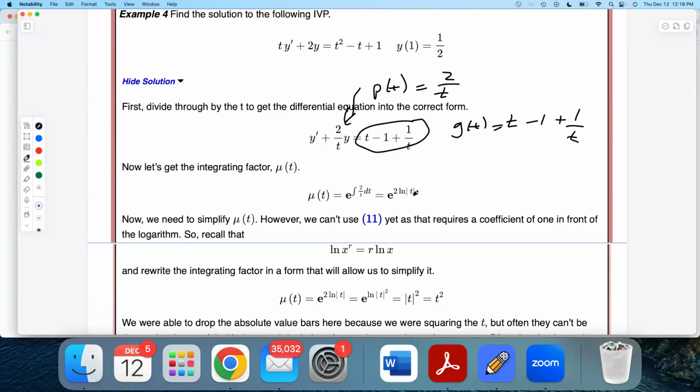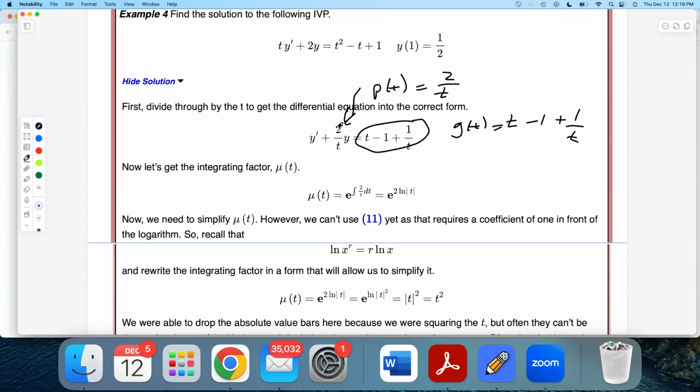Okay, now all the magic happens right here. This is the most important part. You're looking at this question and you think that that 2 is kind of inconsequential. What if I change that to a 4 or a 7? That wouldn't really change the problem, would it? Yes, it would. That 2 is the most important feature in this entire DE.